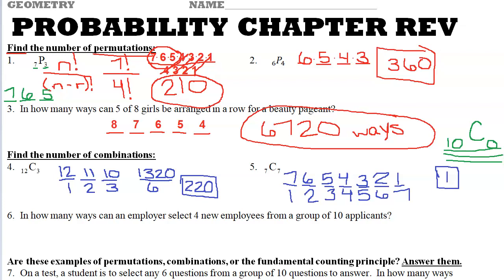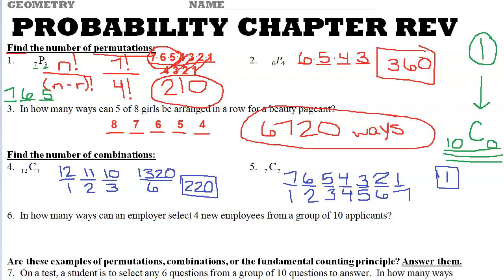Basically, the real life scenario behind that would be, like I said, 10 people apply for a job, and you decide to choose none of them. Are you allowed? And the answer is yes, you are. There is a way to do it. Just send all 10 of them home. Anytime you are choosing 0 of something, there is one way of doing it. And that one way is literally just choosing none of them.